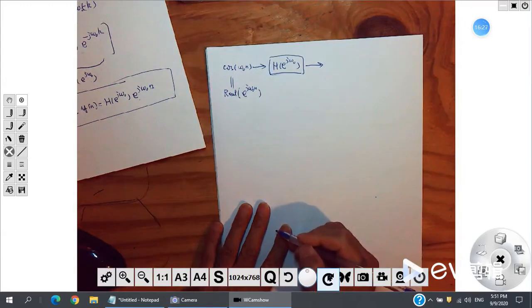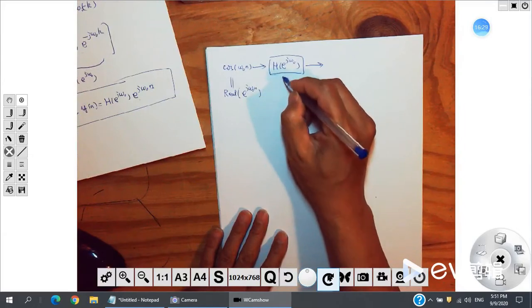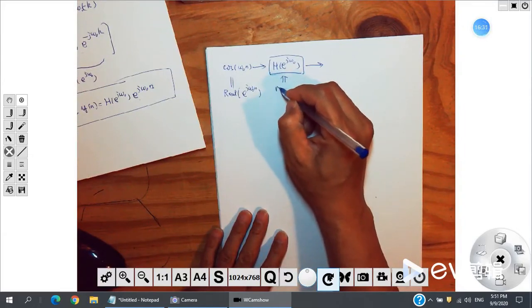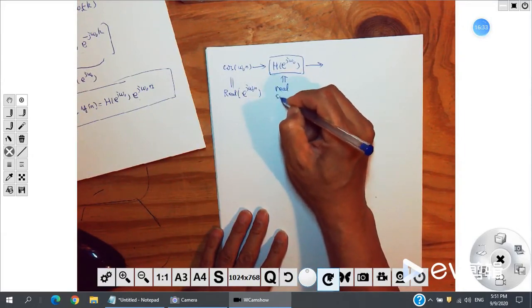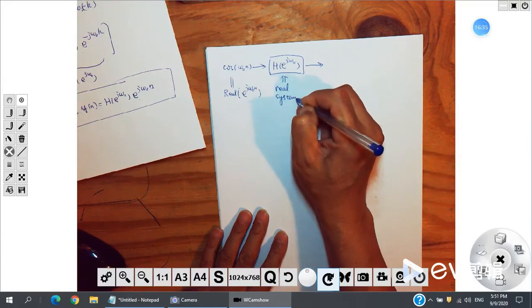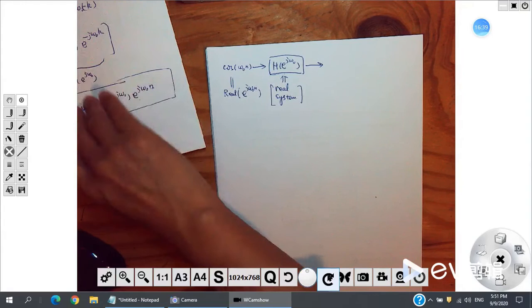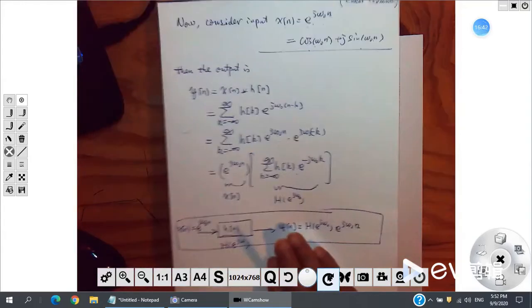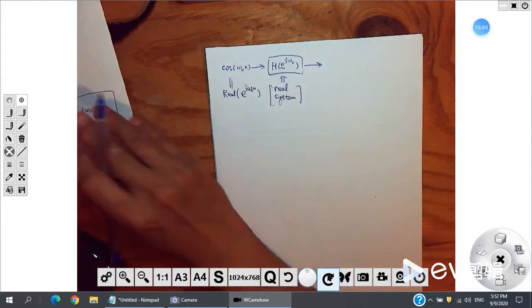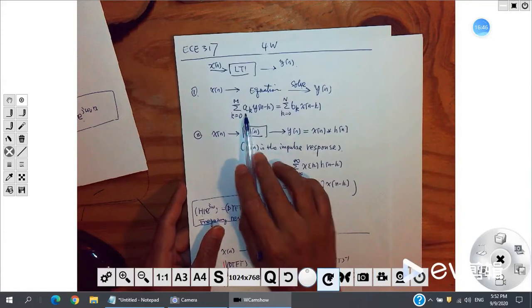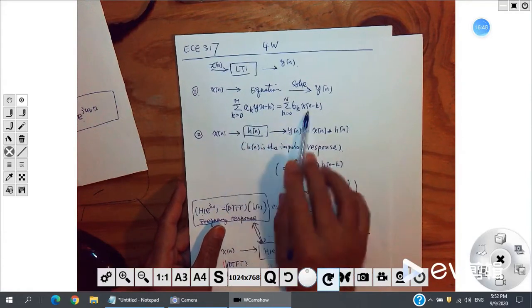Right? And this system is a real system. We suppose this is a real system. We only consider real systems. That means the system can be described by an equation, and all the parts in this equation are real numbers.